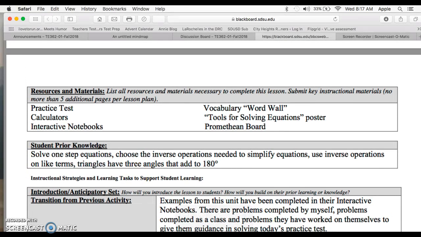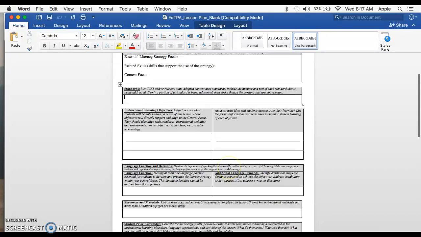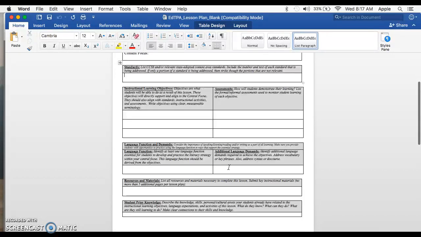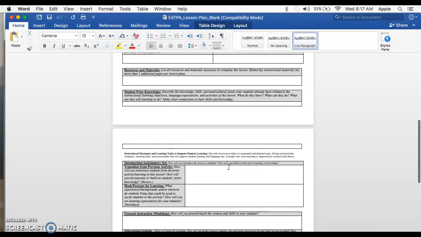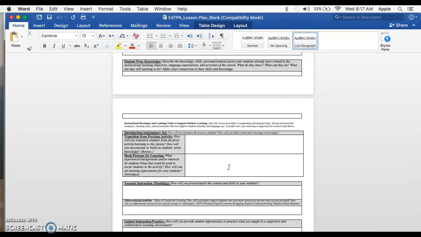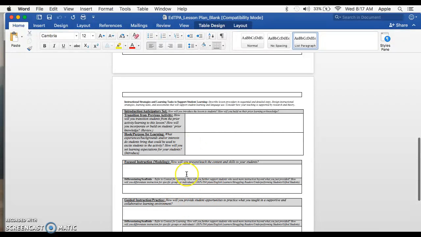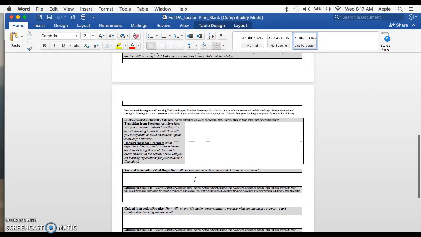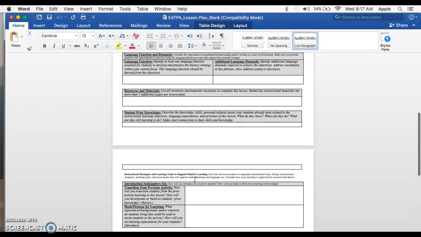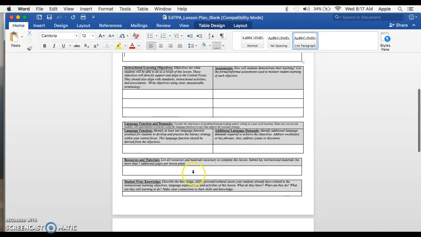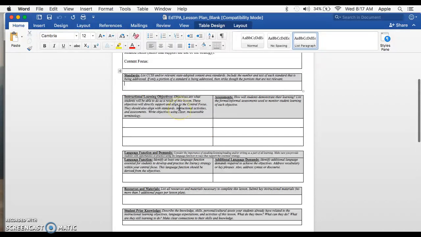So the lesson planning itself can be a little bit stressful, but I found when I did my first lesson plan for my methods course that doing the second page helped me a lot into then afterwards writing the first page.